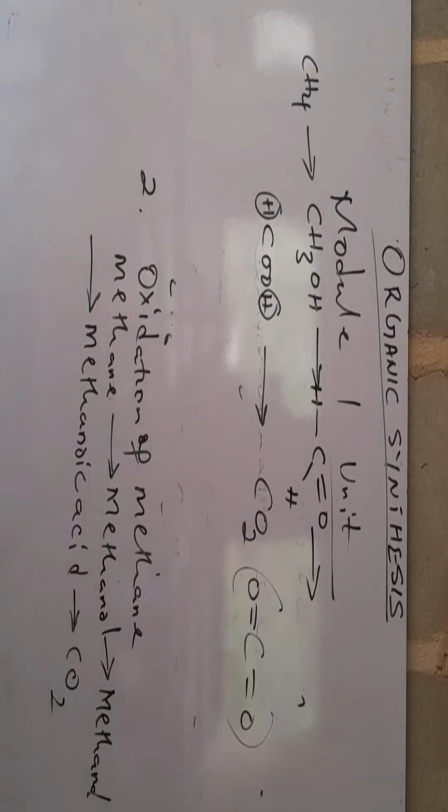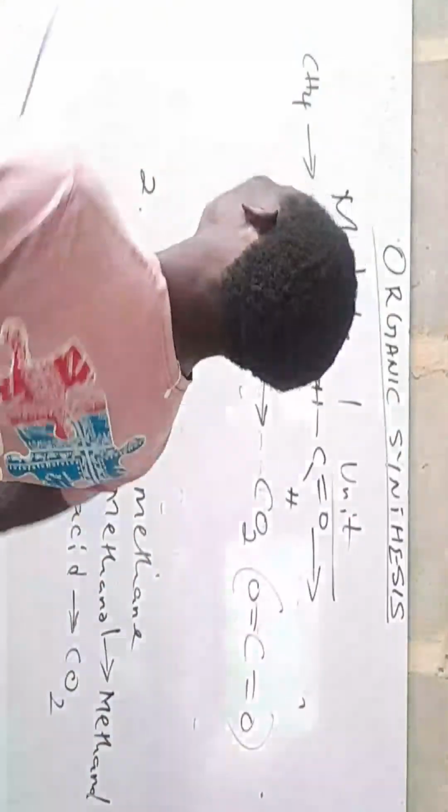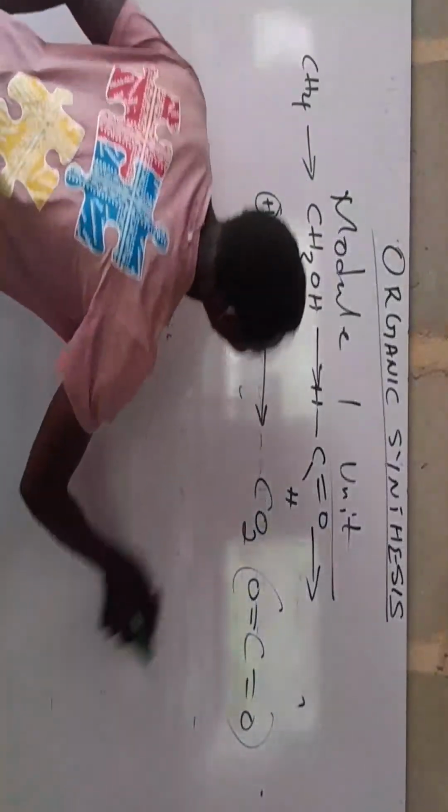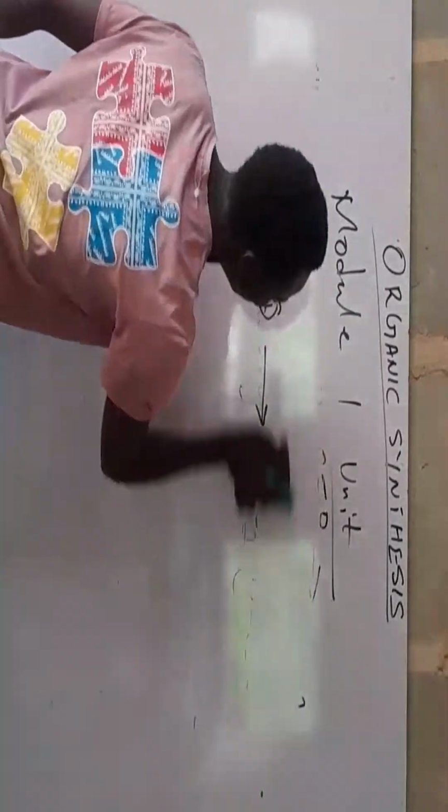Now, number three is we should talk about what we call oxidizing agents. What is an oxidizing agent? Without an oxidizing agent, it should be noted that we cannot talk about addition of oxygen or removal of hydrogen in a given compound.